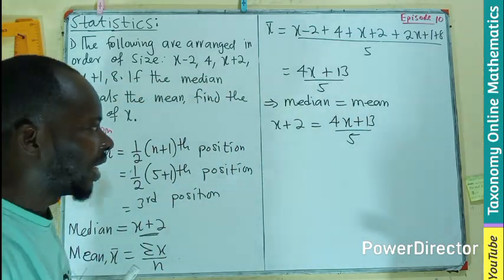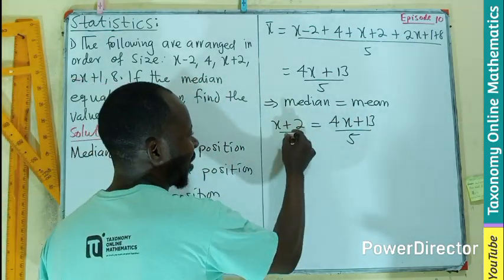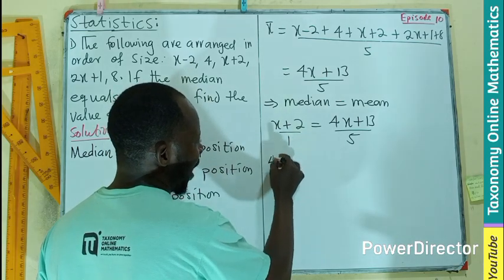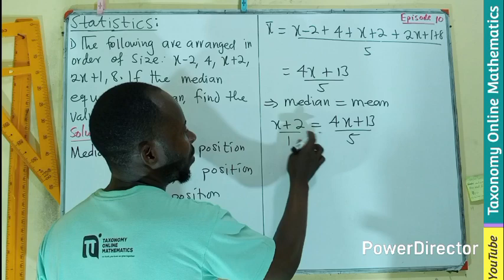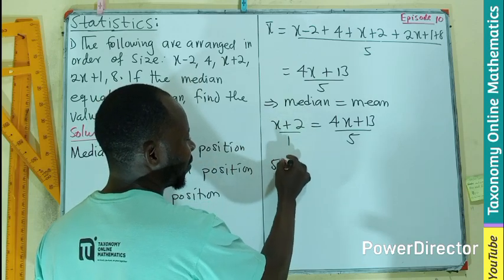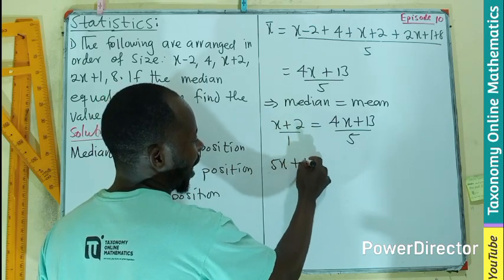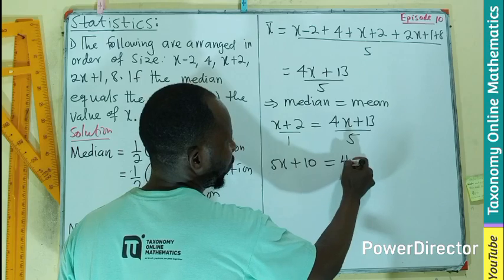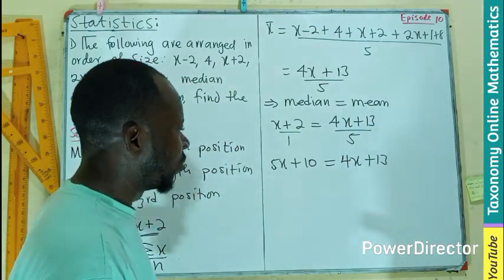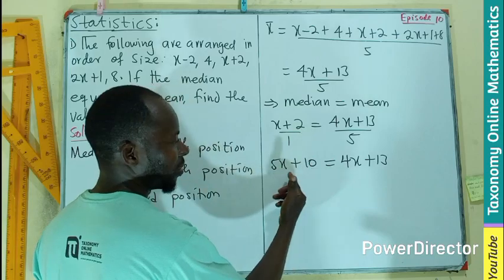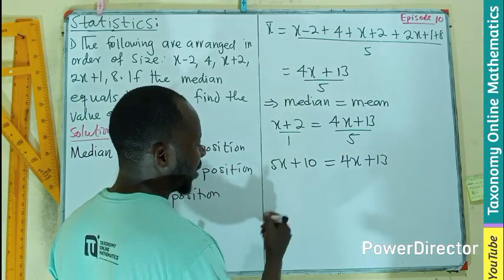We can cross multiply to cancel the fraction. 5 times x is 5x, 5 times 2 is 10, equals 4x plus 13.